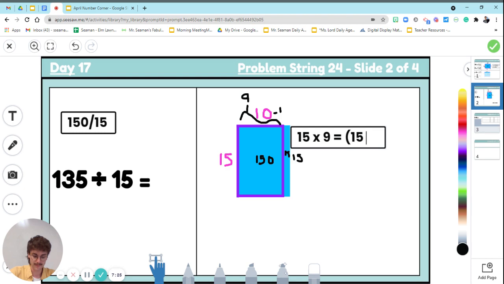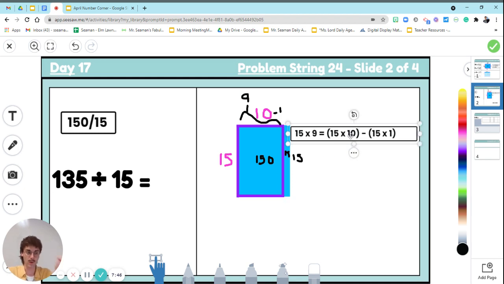So I did 15 times 10, and then I subtracted a 15 times 1. So that's what I did with this little square here. I took it away, so I'm taking it out.